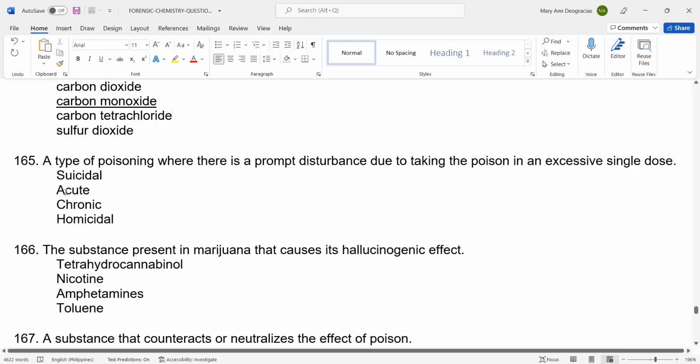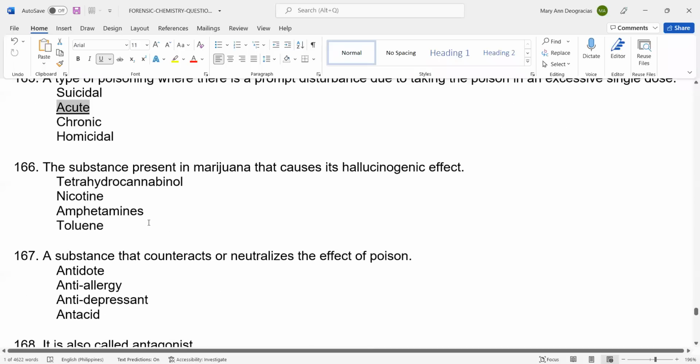So, ito yun. So, your answer for 165 is acute. Itong chronic kasi, yan yung gradual. Halimbawa, paninigarilyo, that's chronic poisoning. Alcoholism, that's chronic poisoning. Taking of prohibited drugs, that's chronic poisoning of the body. Lalo, smoking naman, Diyos ko po.